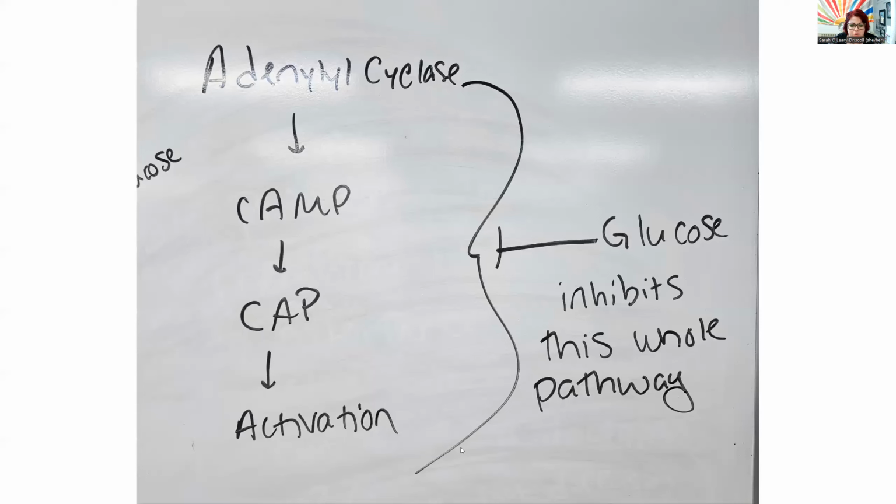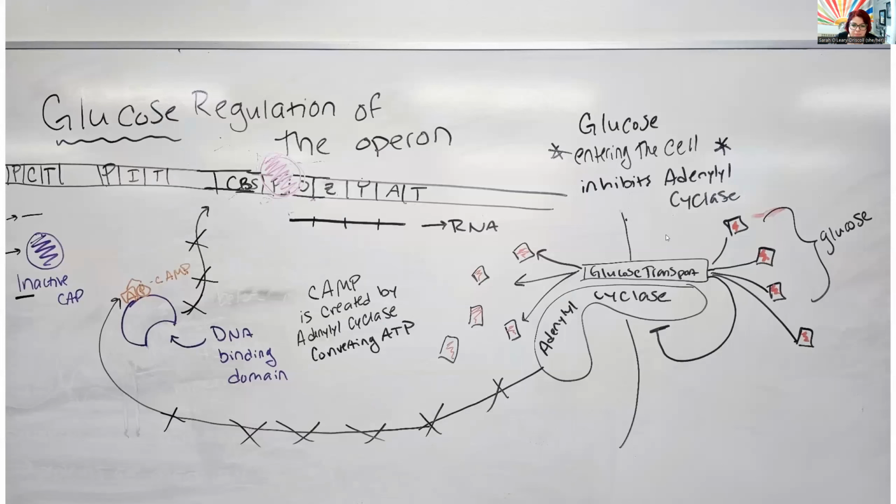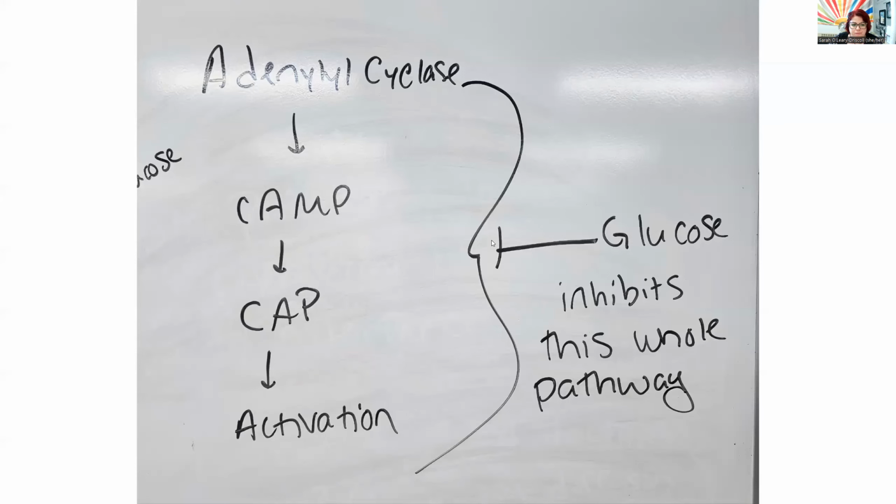So when we look back at our little flow chart here, glucose in the environment inhibits all of this. It is important to note that it is the glucose in the environment that matters here, because we know that when we break lactose down, we do get some glucose, but it is the glucose entering the cell from the outside that causes the regulation of the CAP protein.